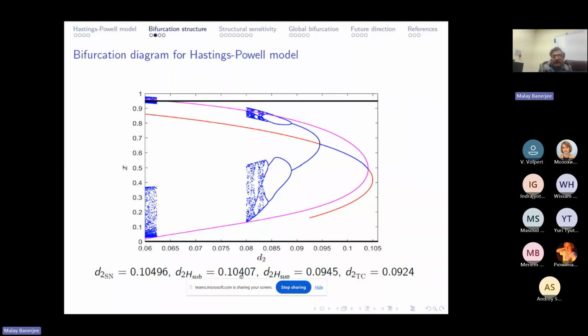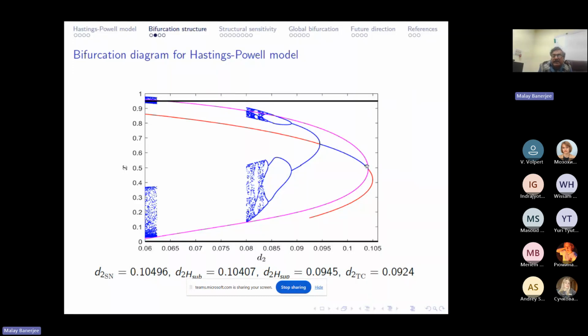Due to the subcritical Hopf bifurcation, one unstable cycle emerges, and this unstable limit cycle is marked here with this magenta color. So these two branches correspond to the unstable limit cycle generated through the subcritical bifurcation, and one of the interior equilibrium points becomes stable through the Hopf bifurcation.